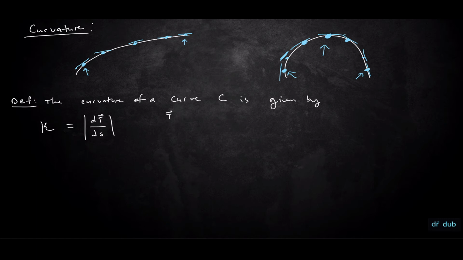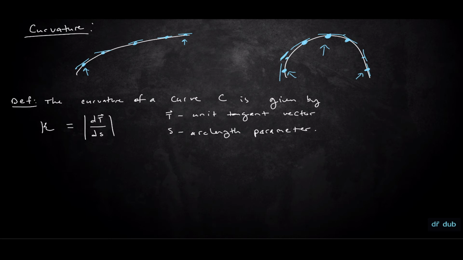So the unit tangent vector, capital T, how does it change with respect to arc length? S here is the arc length parameter. So basically we are differentiating with respect to arc length. How quickly does the tangent vector change with respect to arc length?